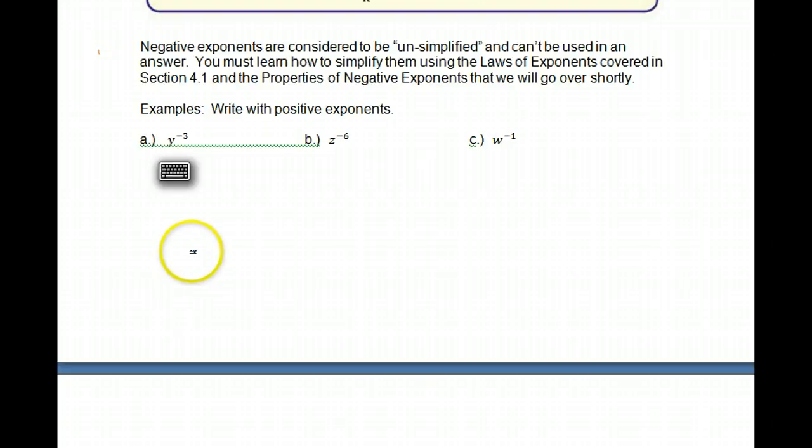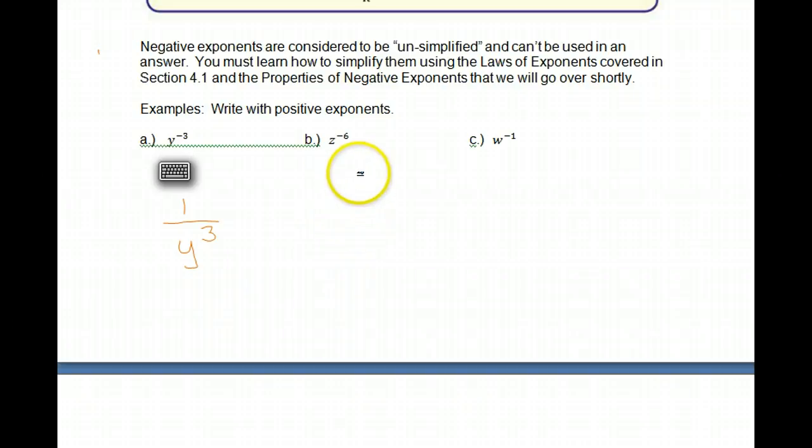If it's in a numerator, it is going to switch its location and go to a denominator, and the exponent will then become a positive exponent. So right now we have y to the negative 3. We're going to put that underneath a 1 and write that as y to the 3rd.